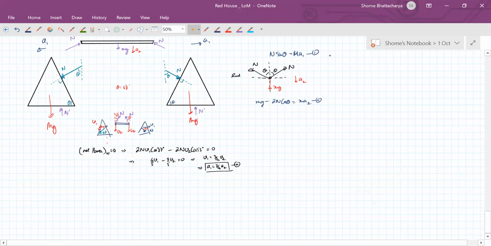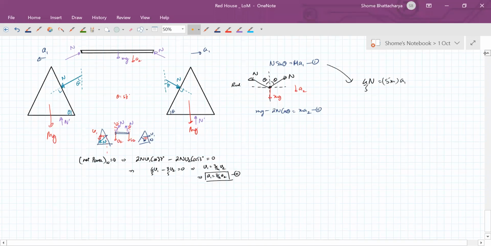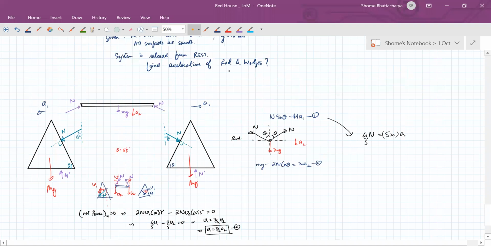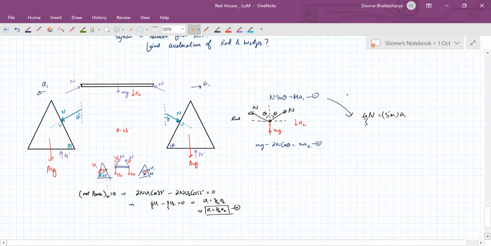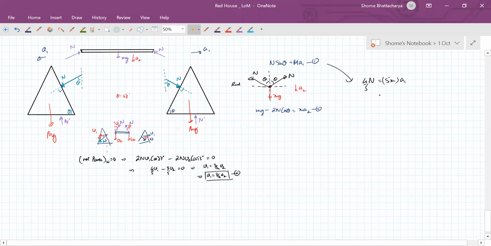Okay. So this is telling us that 4 by 5 N is equal to capital M, which was 5 times small m, into a1. That is what we had. This is telling us that mg minus 6 by 5 N is equal to m a2.